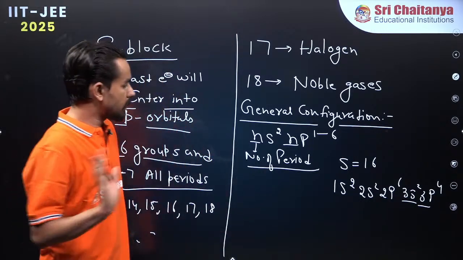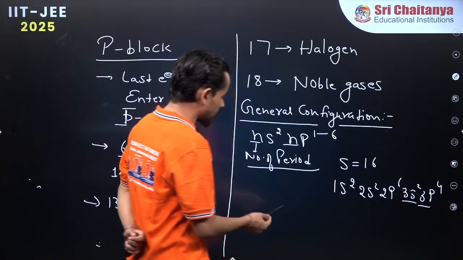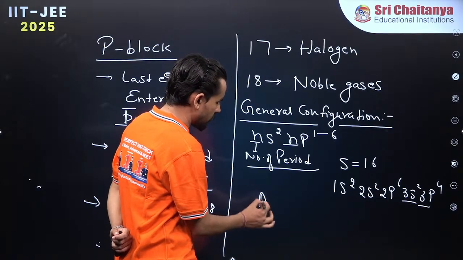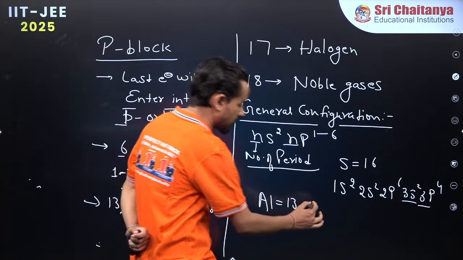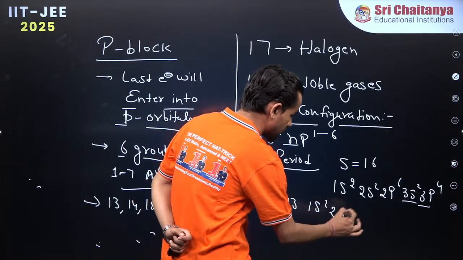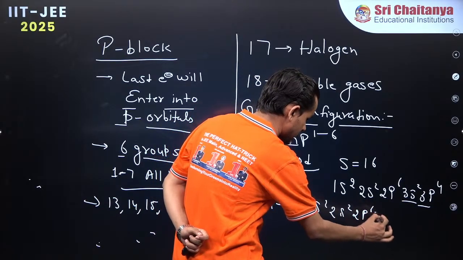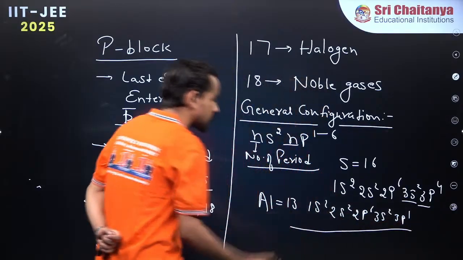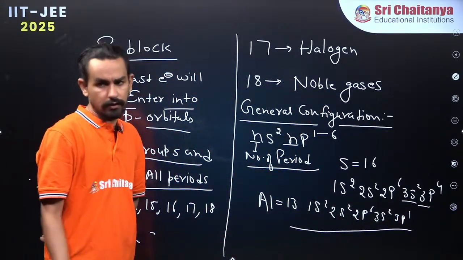So these are the things that you have to know. Let us think about aluminum, that is 13, that is 1s2, 2s2, 2p6 and 3s2, 3p1. Again 3s2, 3p1, third period.